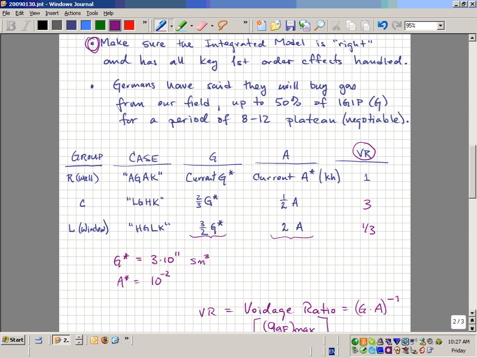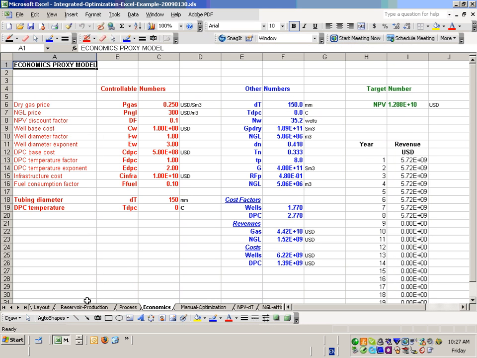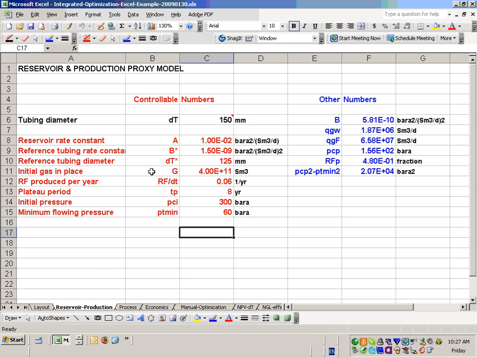Are we going to check the models right now and integrate the models? Because I think if everybody starts with what I had, then that's what we looked at here. But you have to realize that you're going to make the following changes. You're going to have to go to the first sheet and put in a different gas in place.